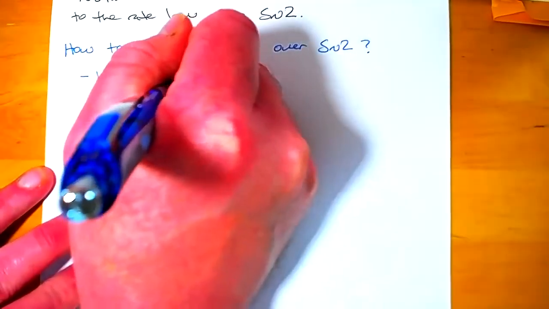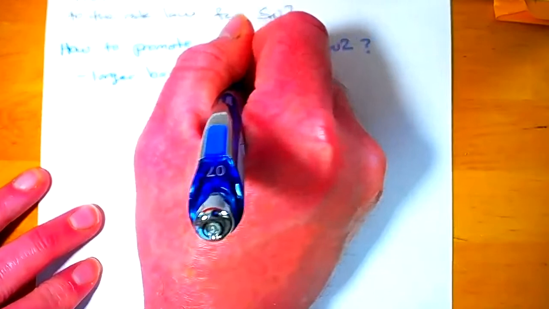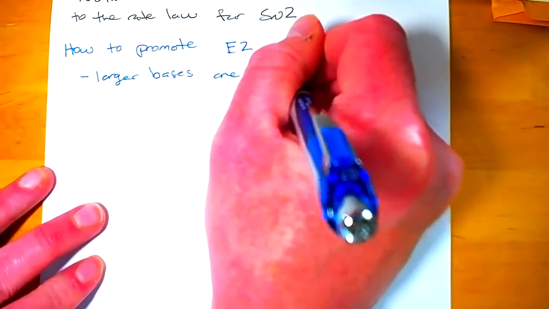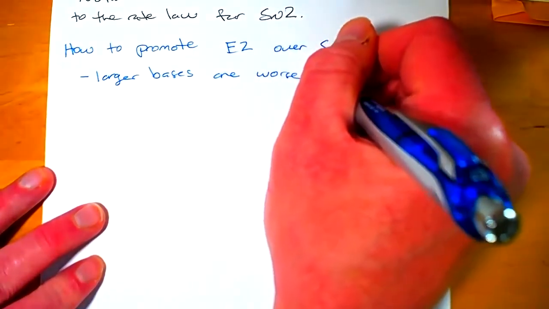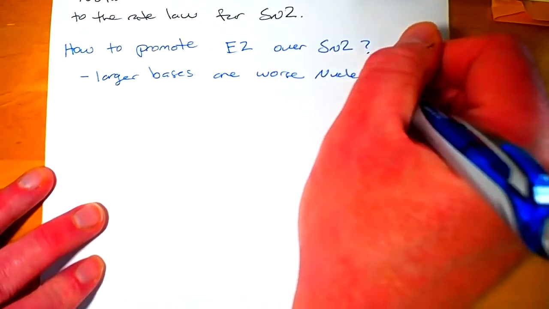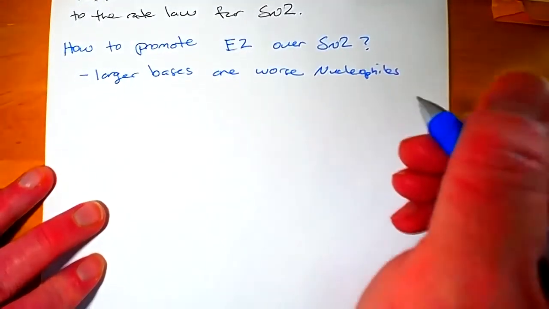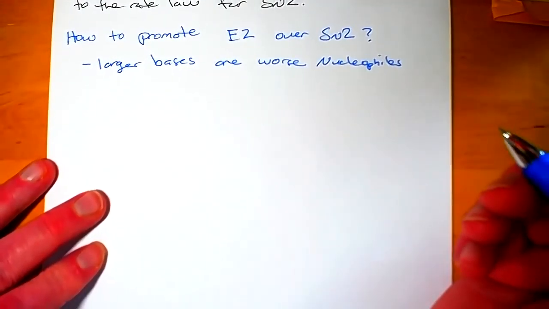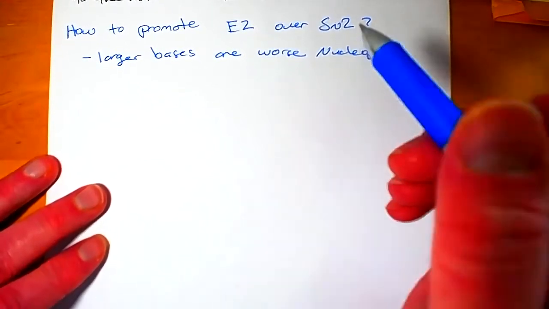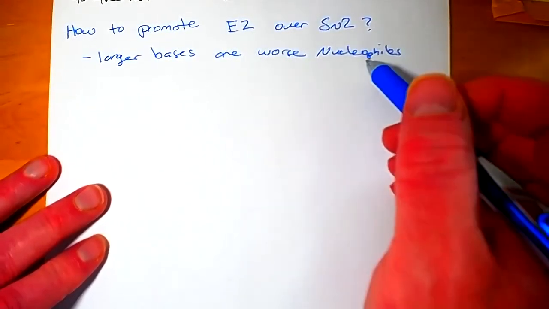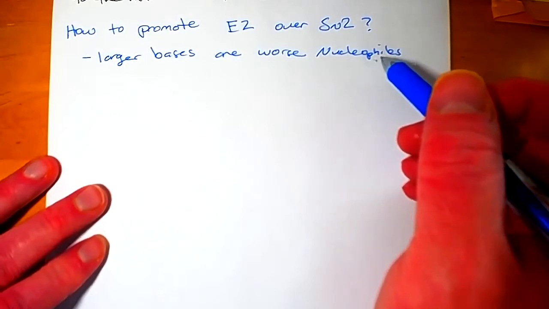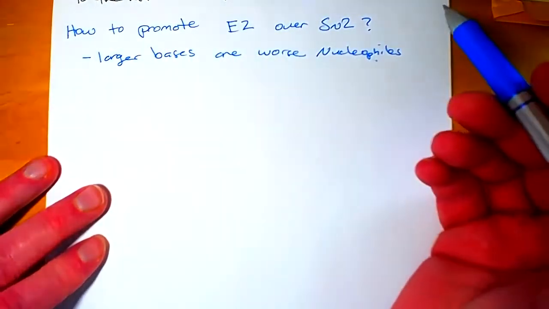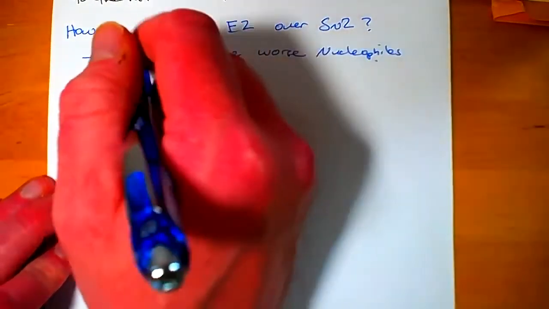larger bases are worse nucleophiles. And that's because nucleophiles have to get behind a carbon that's attached to a leaving group, whereas a base just has to extract a hydrogen.